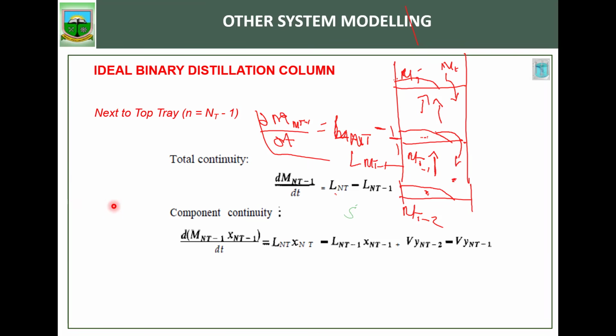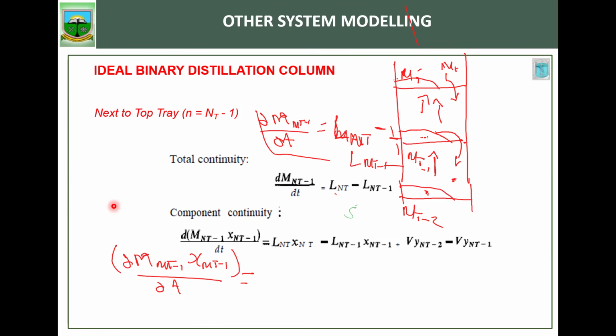means that you want to know the percentage of the volatile component on the NT minus 1 tray. So it's going to be the percentage times the percentage of the volatile component with time be equal to what is coming in.